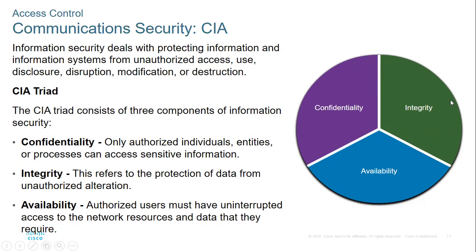Okay, integrity. How do we achieve integrity? It is through a process called hashing. And what is hashing? Hashing is when, of course, we pass information through the hashing function, and what is going to be generated is a fixed value called a hash.